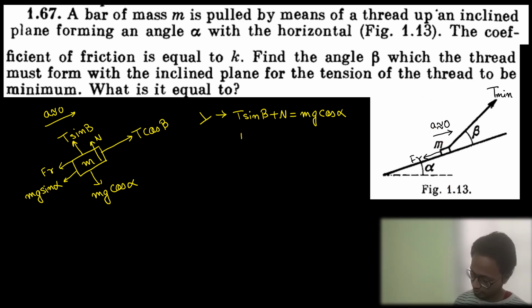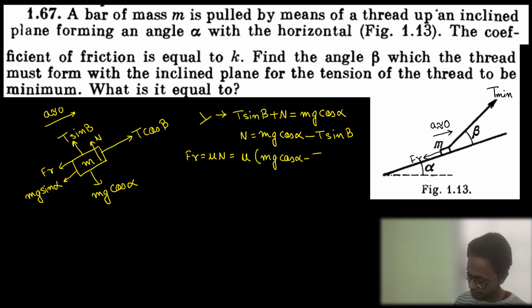So N is equal to mg cos alpha minus T sin beta. And what is the value of the friction force? The friction force is mu into N, which is mu into (mg cos alpha minus T sin beta).